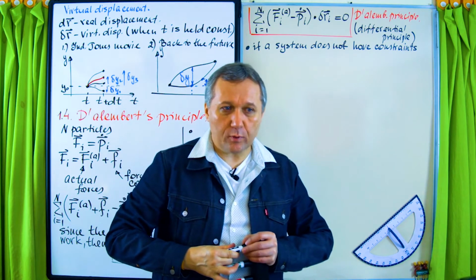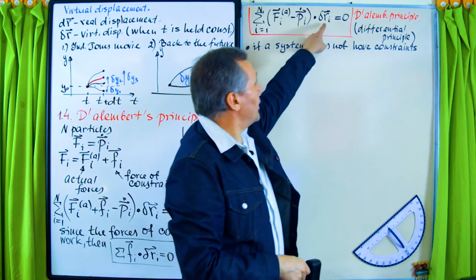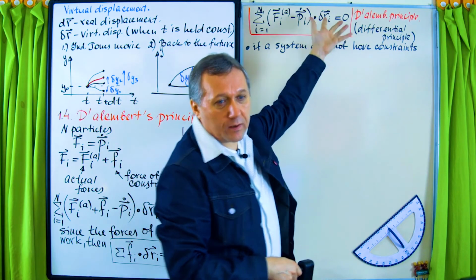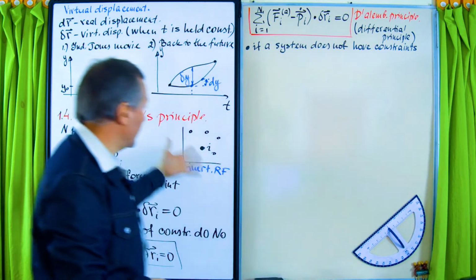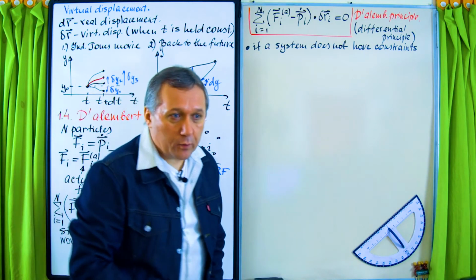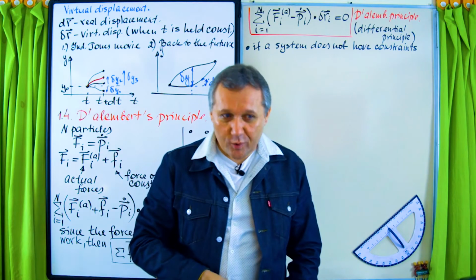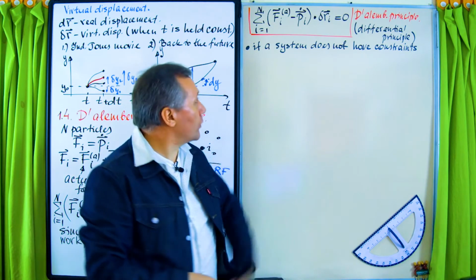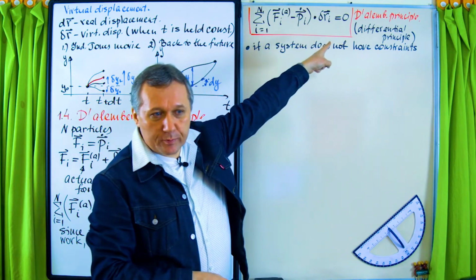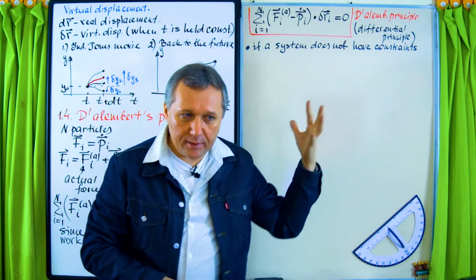In that case, if no constraints, what can you say about all these position vectors? R is a position vector defining the position of each of those particles in the system. If no constraints, all those position vectors are linearly independent. And of course, the virtual displacements also are going to be linearly independent.